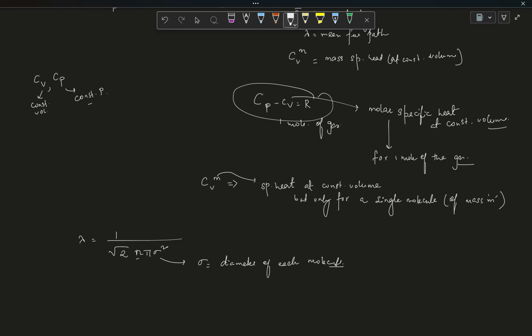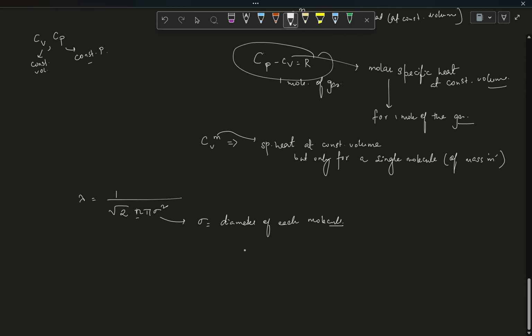It is also the radius of the collision cross-sectional sphere that you can imagine for a single molecule passing through the whole system of molecules, where it is bound to collide with the surrounding molecules. For simplicity, you imagine only one molecule moving and all the other molecules frozen at their positions. This is not the real case, just a simplification of the scenario to understand it better in simpler terms.